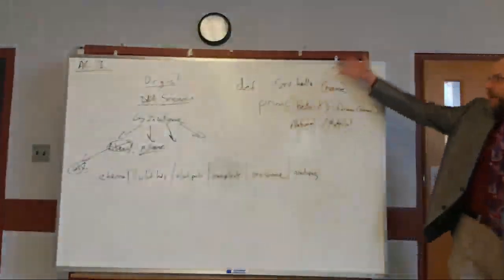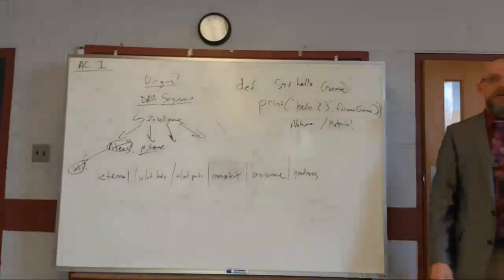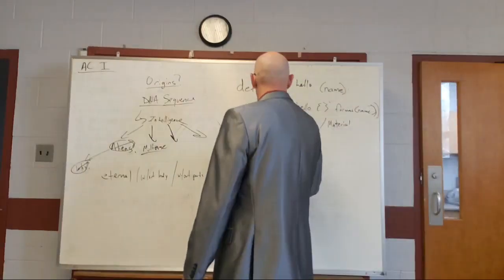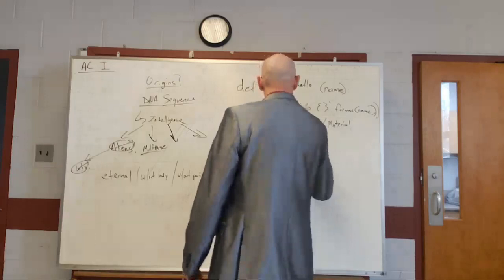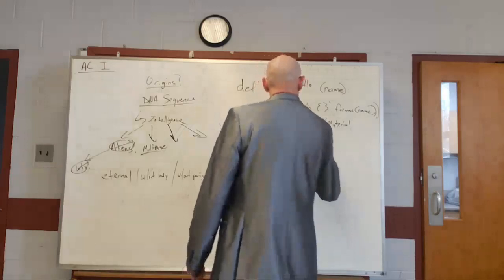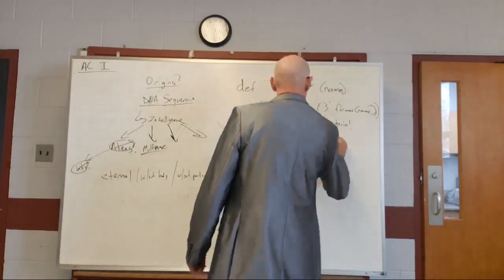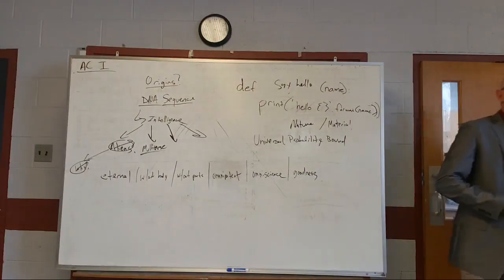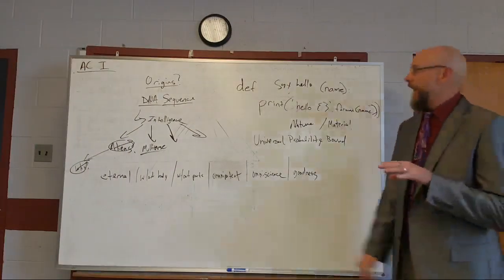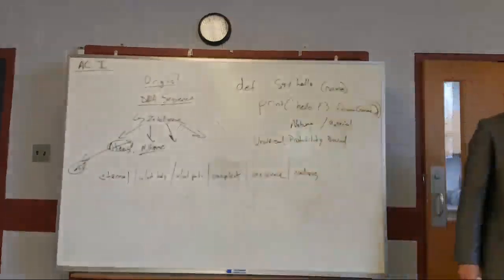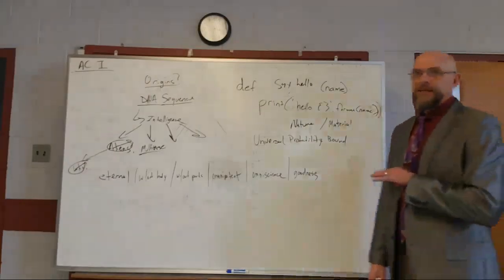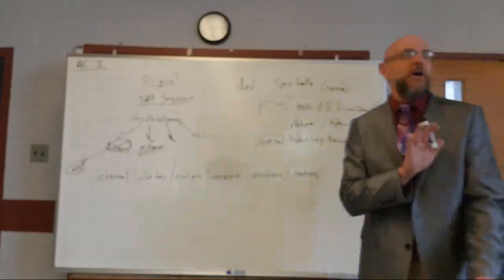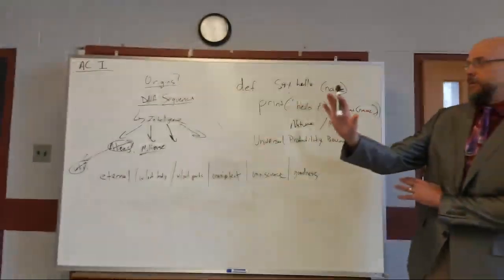Same thing as this code sequence coming into being randomly. You guys remember this idea? The universal probability bound: if something is so unlikely to happen, like this code coming into being by random chance, that if it exceeds that ratio, the opposite has to be true.